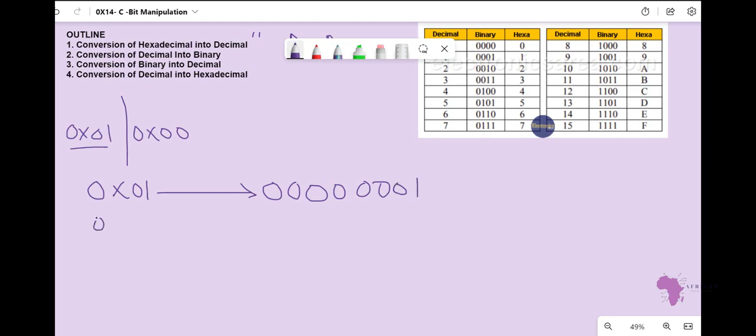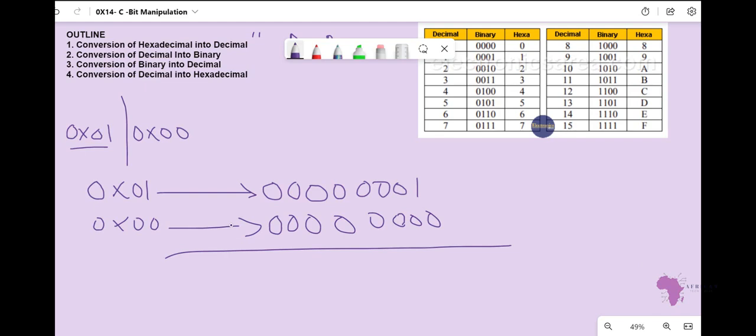Then the binary of 0x00 will give us 0, 0, 0, 0, 0, 0, 0, and lastly 0. So let's get OR. OR means that at least one of them is true. So here 1 and 0 is 1. So this one is at least 1. The rest of the numbers will be equal to 0, guys, like this.